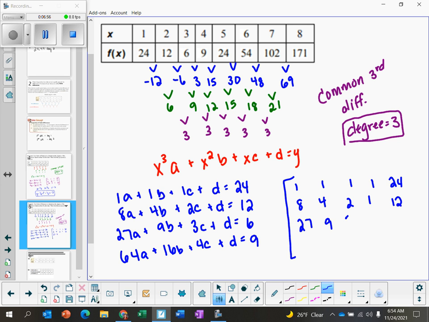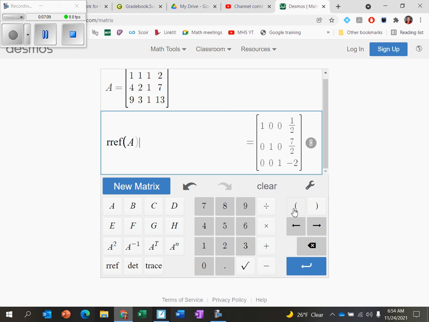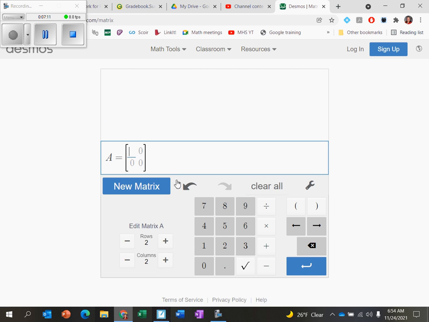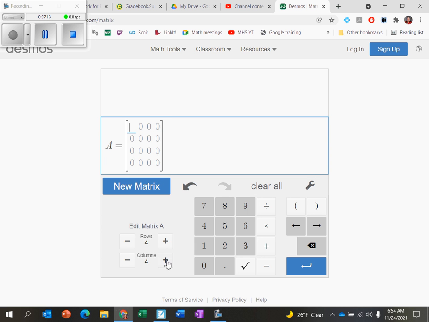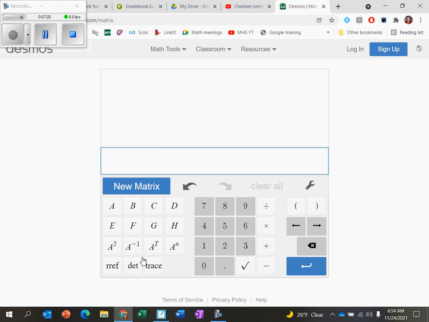All right, the rest of those points in. Okay, so we'll bring this over to our calculator. Let's clear everything out. Now I want a 4 by 5. Oh no, I got rid of it.